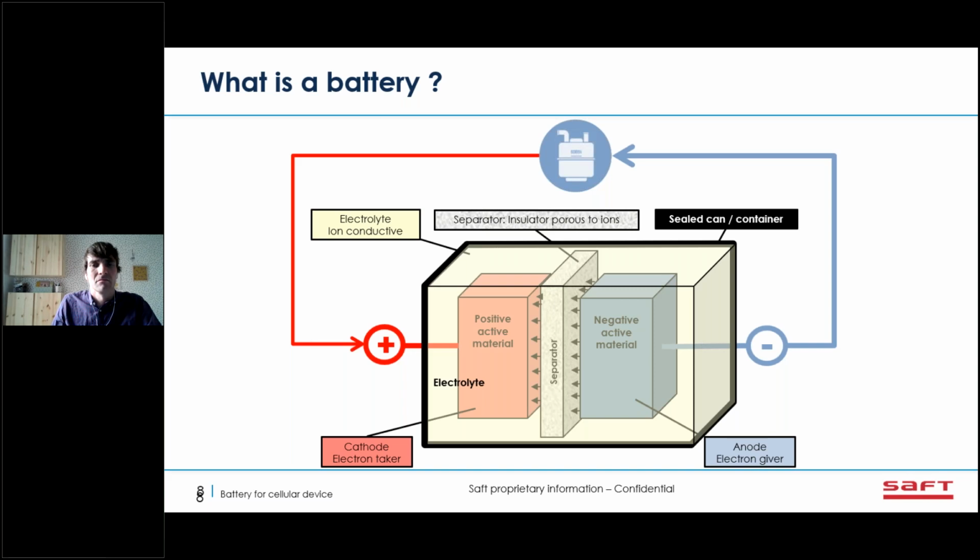And every time the current stops, there is a chemical reaction between the two active materials, which recreates this passivation layer. This passivation layer is mandatory: you need it to have a lower level of self-discharge, and not an internal short circuit permanently inside the chemistry. But you need to manage it correctly for the whole life of the battery, to be sure it will not become too strong, so you will be able to power the device for the whole life of the device.